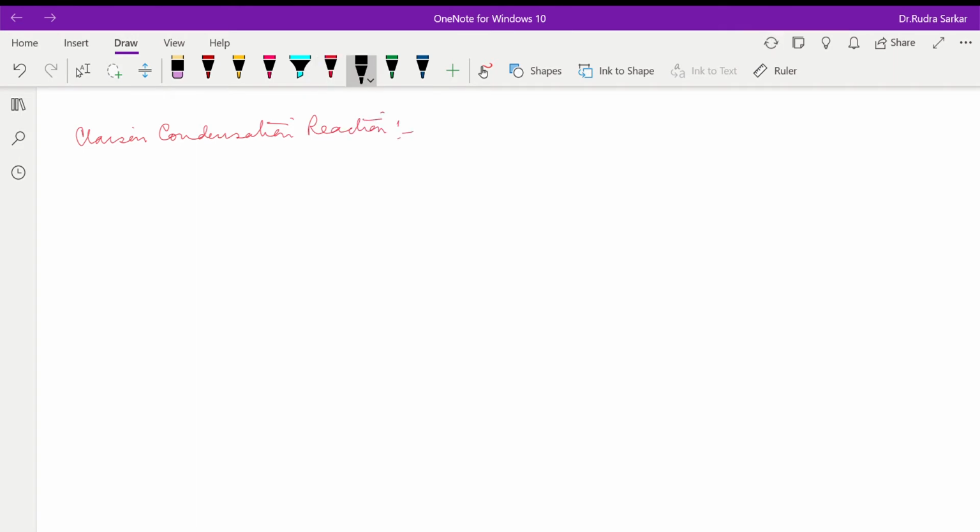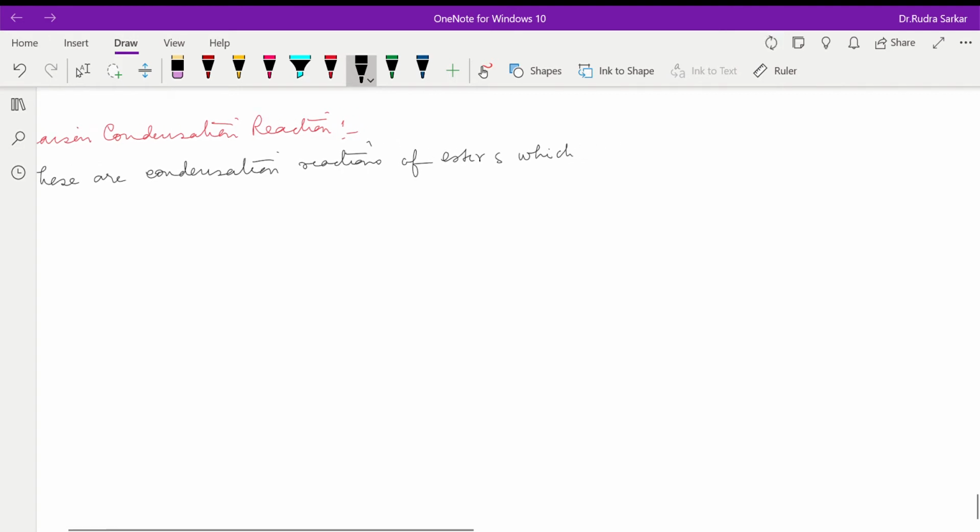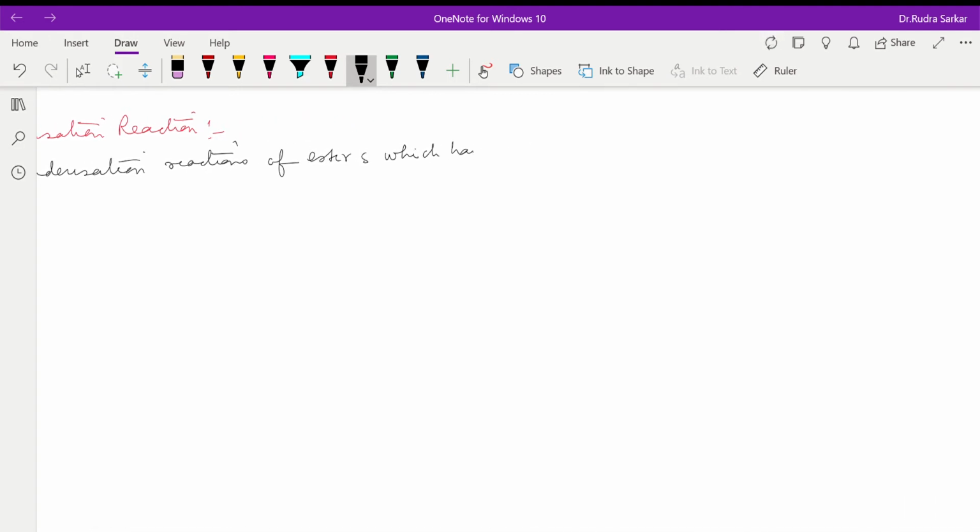So first of all, these are condensation reactions of esters. The necessary condition is that they have alpha CH atoms.